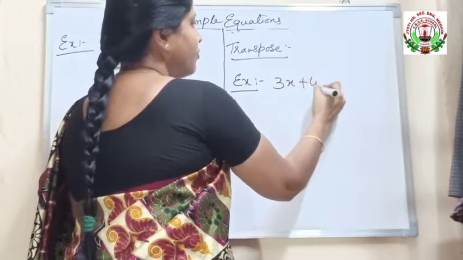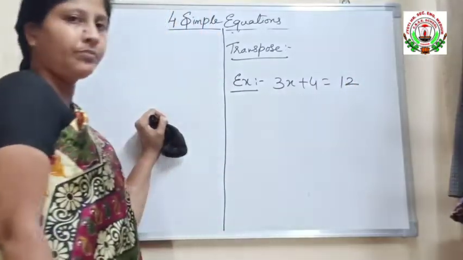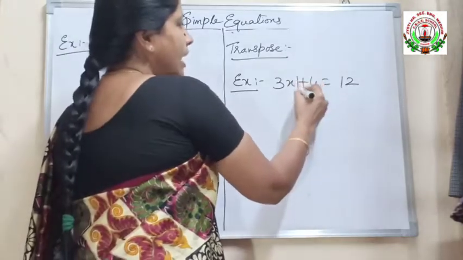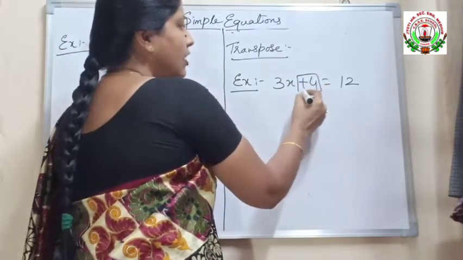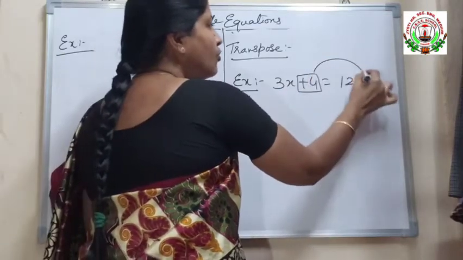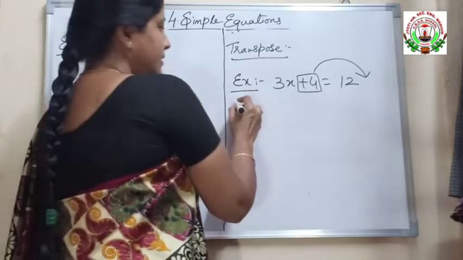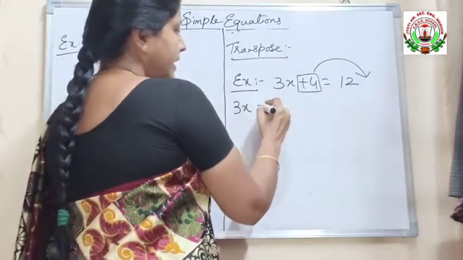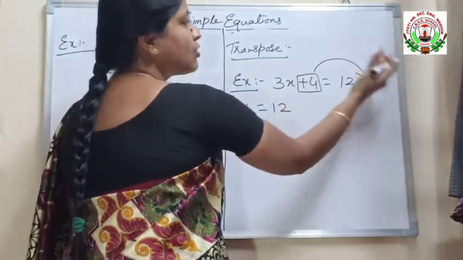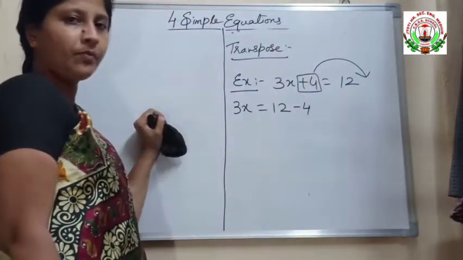3x plus 4 is equal to, say, 12. I told you transpose means along with the sign, the constant which is on the left hand side moves to the right hand side. That is 3x is equal to 12 plus 4. When it goes to the right hand side, it becomes minus 4.